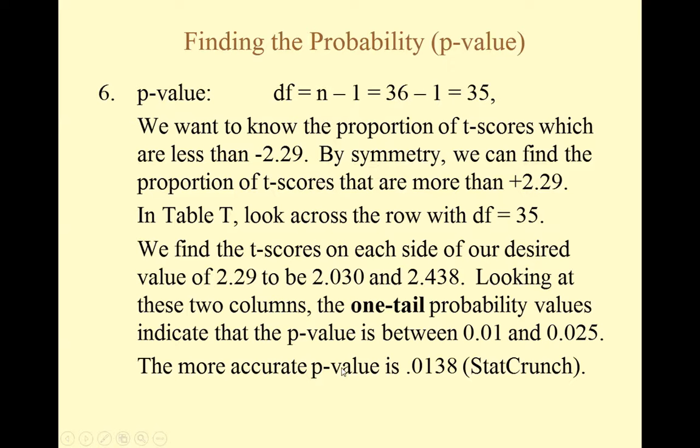Now the more accurate p-value looks like it's around 0.0138, although let's go back and double check that because that might have been based on a different value. So we'll use the negative 2.29 and actually find the less than, and then this number may not be quite right, but we can change that.